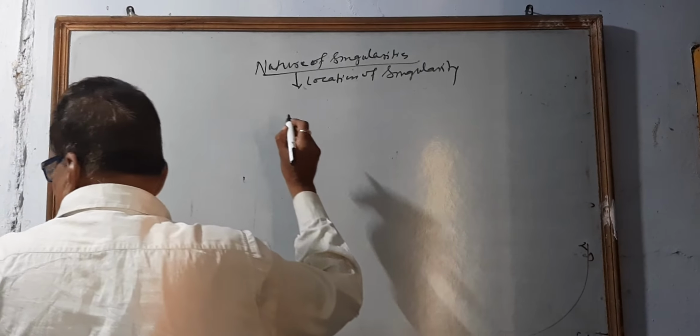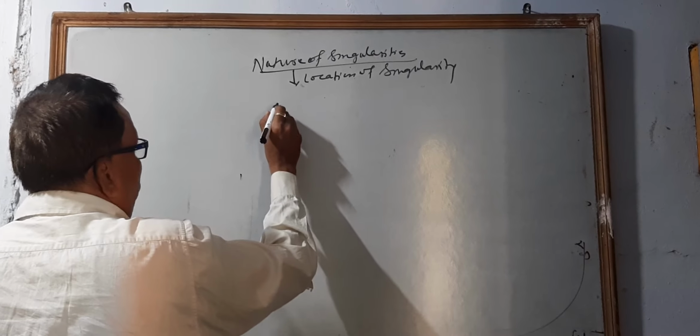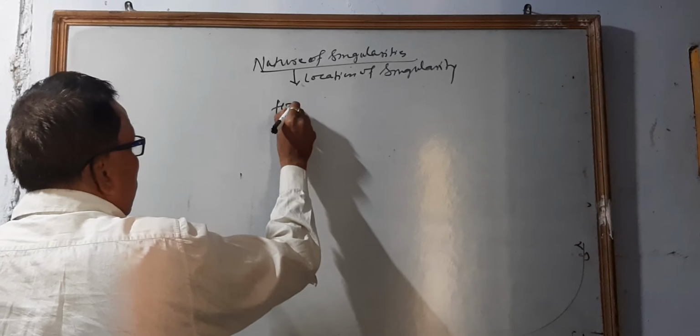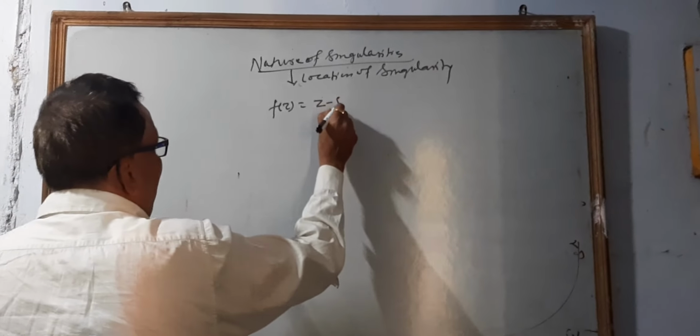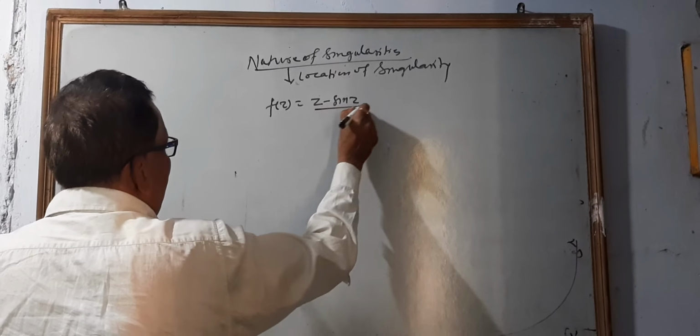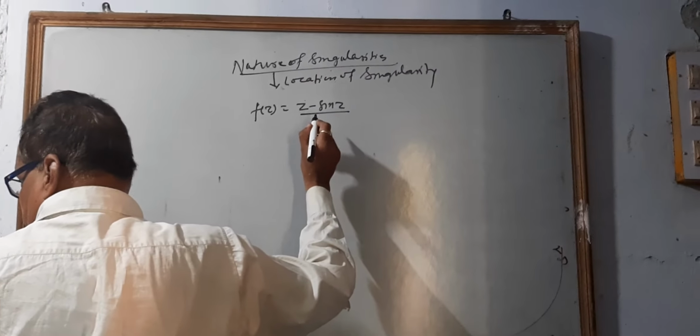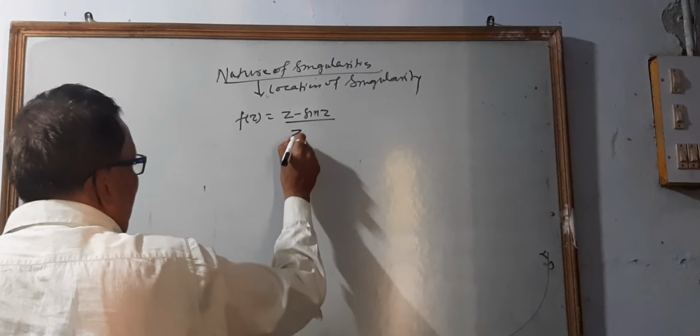Suppose you have function of z equal to (z minus sine z) upon z square.